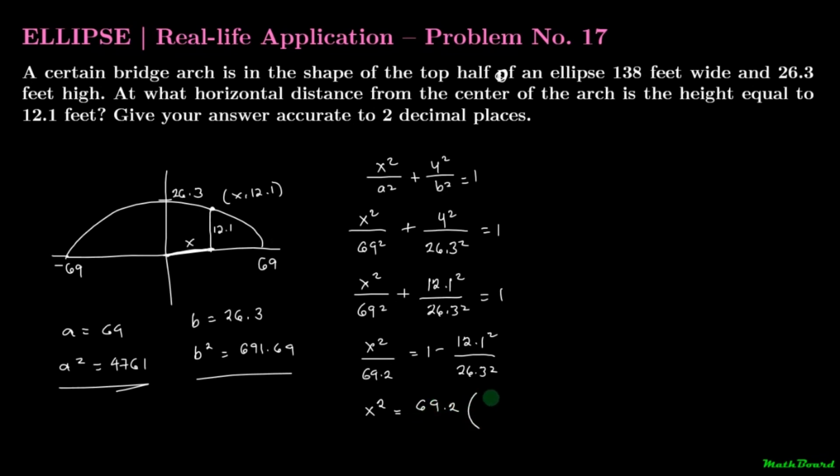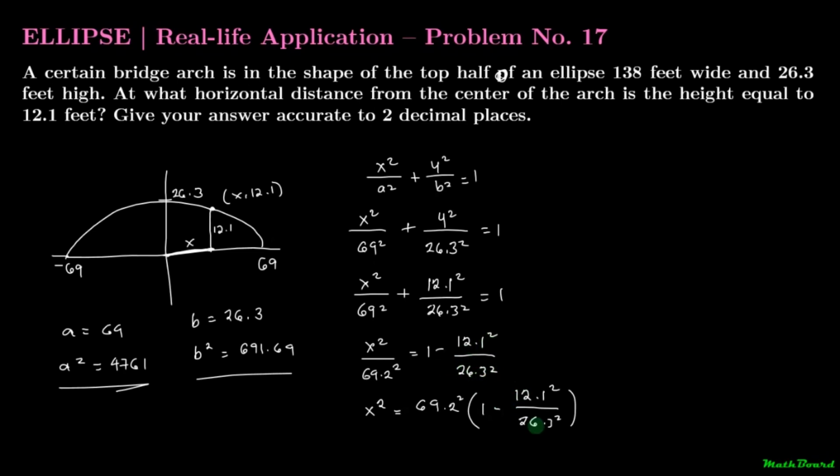So, x squared equals 69 squared times 1 minus 12.1 squared divided by 26.3 squared.